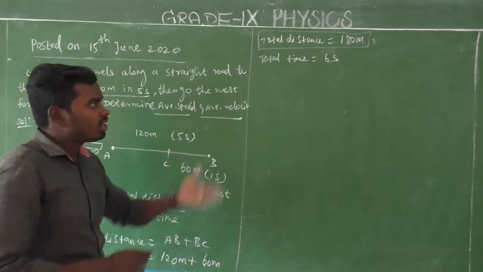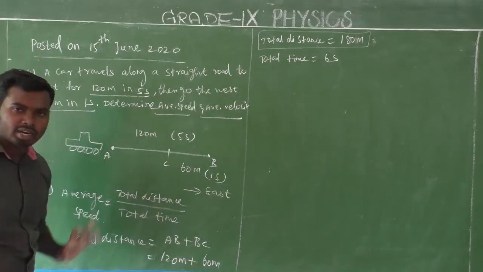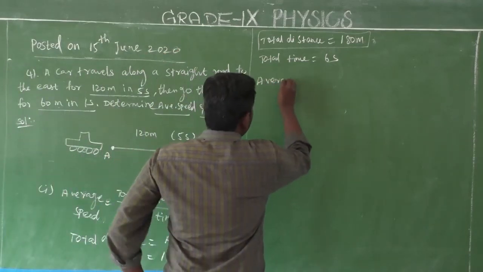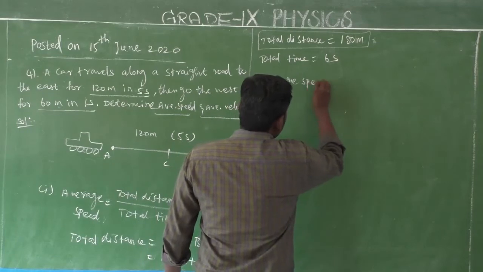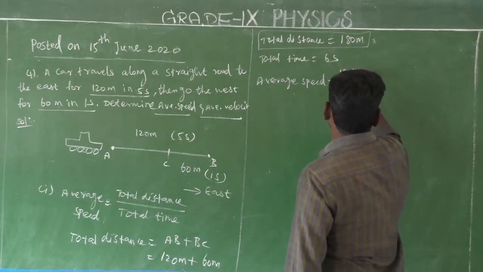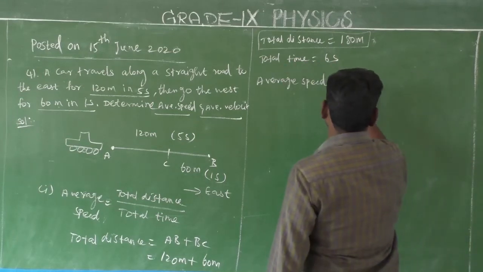Now divide both quantities, because average speed is equal to total distance divided by total time taken. Substitute both quantities here. Average speed is equal to total distance, 180 meters, divided by total time taken, 6 seconds. Am I right?